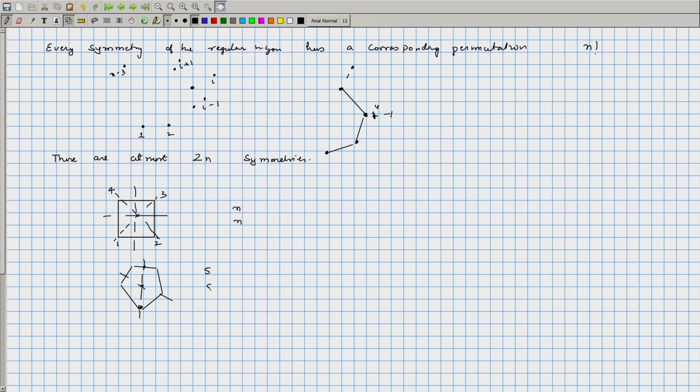So, that is going to give you 5 different symmetries, and these symmetries are going to be different because in rotation, except for the identity symmetry, all positions will be mapped to a different position. There will not be an i such that i maps to i after the symmetry has been applied.